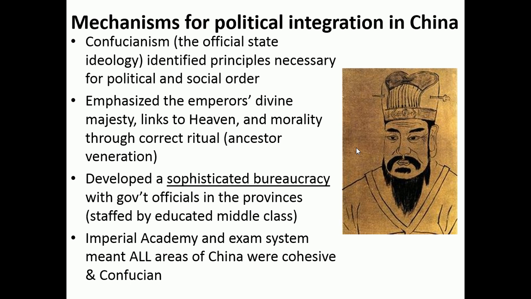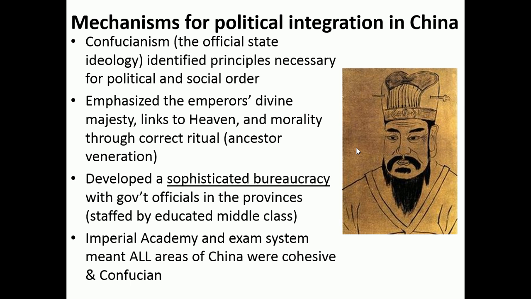So there was an Imperial Academy located in the capital of the Han Dynasty, and students of any class, as long as they could pay, could attend that Imperial Academy in preparation to take a Confucian exam, which was a really, really high pressure exam that students had to score well enough on to become a member of that bureaucracy.